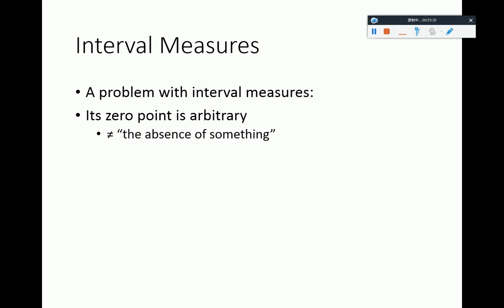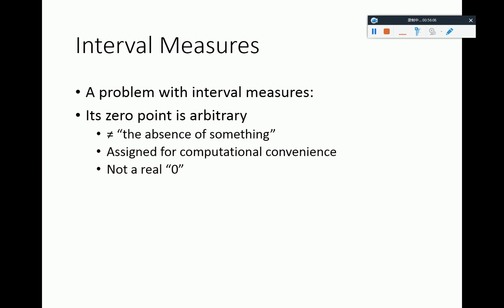It means with an interval scale, if we ever have a 0 value in it, the value 0 does not mean the absence of something. Rather, the 0 is simply assigned for or to facilitate statistical analysis. This 0 is not a real 0.